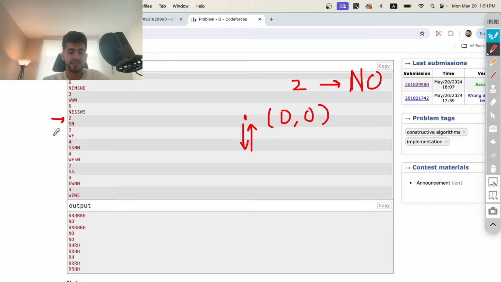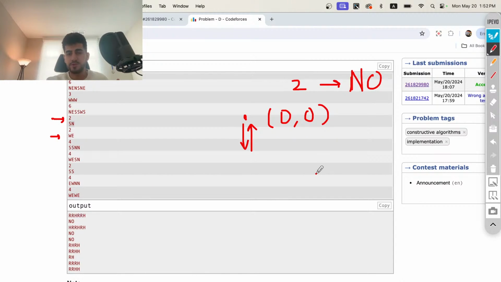If we didn't have that rule that each one of them should have one instruction, they were possible, because for this one we can go south and then north. For this one we could go with one robot to west and then to east, and both of them were at 0 and 0. But it is not possible, because each one of them should have one.